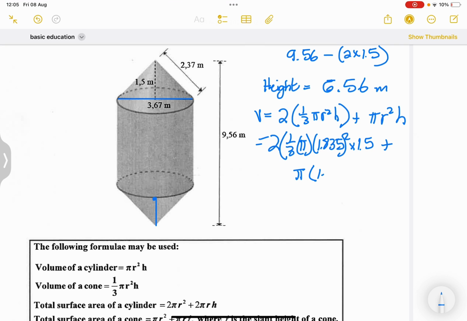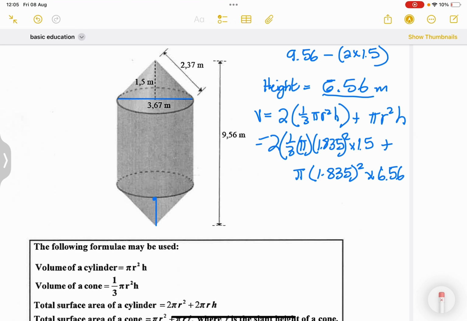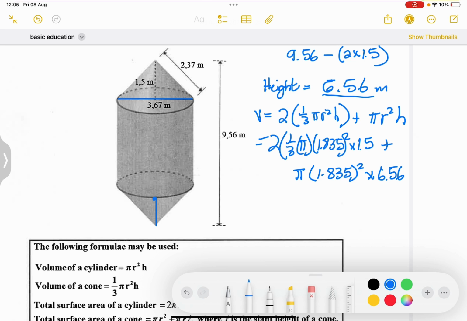That's also going to be 1.835, that's squared. But the height of the cylinder is what we just calculated just now, which is 6.56. All right, and let's do that quickly, guys. Okay, in fact, I shouldn't close those brackets because they should have been closed here.